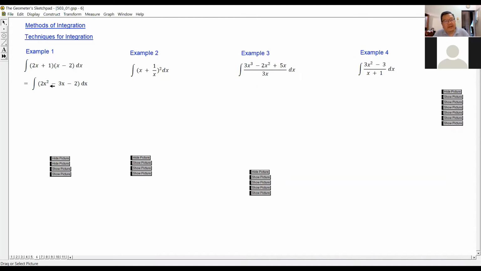So finally, we have something like what we did in the last lesson, that the terms line up one by one. But in the process of simplifying like this, we have not integrated the function yet. So the integration sign is still there. What we did just now, we just expanded the bracket.